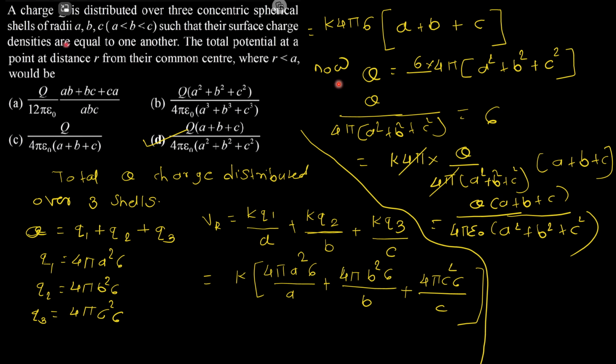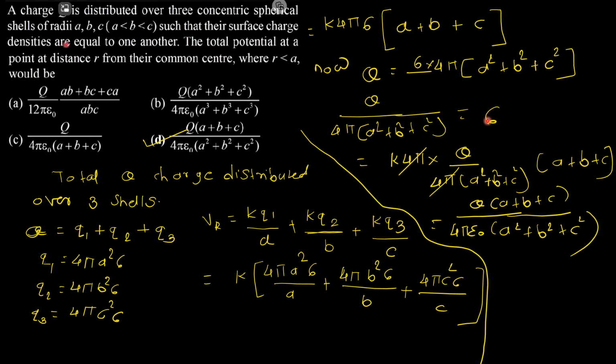Now the total charge is Q. For that we can write the equation like σ into 4π, the total area, 4πa² + 4πb² + 4πc². We have taken 4π common, so a² + b² + c² remains in the bracket.